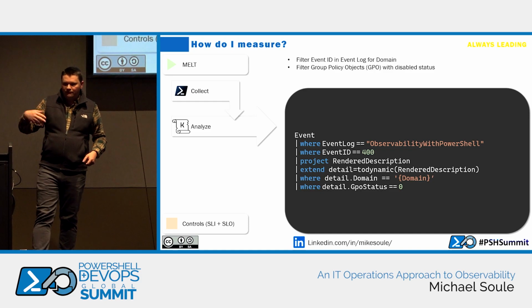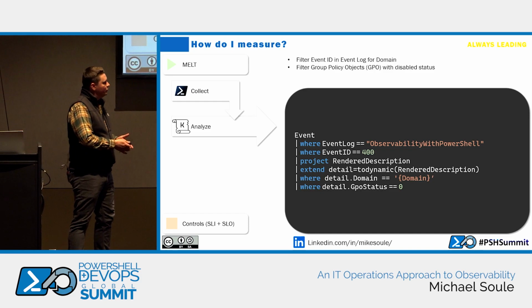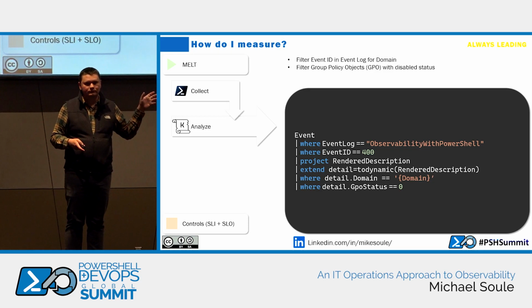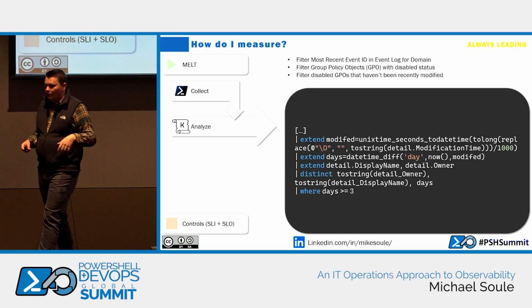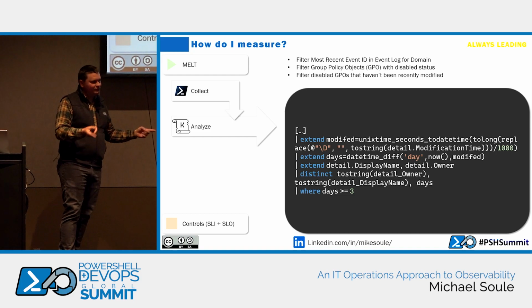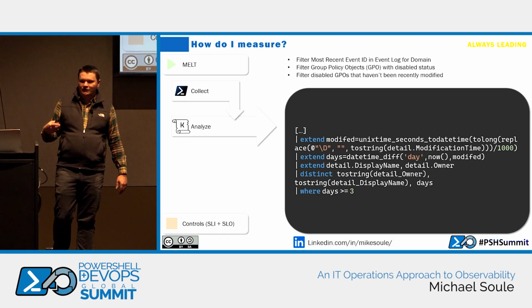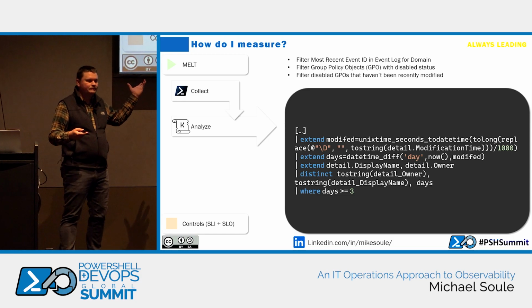So we'll pull some information out of there, we'll make sure it's the right domain, and most notably, in this instance, what we're looking for are group policies that are disabled. So GPO status equals 0. Then a lot more manipulation because we have to modify timestamps and we have to modify the date differences, and then we have to actually get any GPO that's older than 3 days.